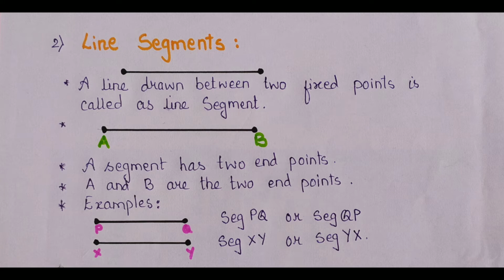A segment has two endpoints. A and B are the two endpoints. Example, segment PQ, and it can also be read as segment QP. Segment XY or segment YX.